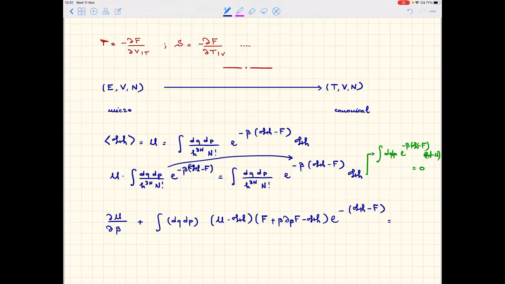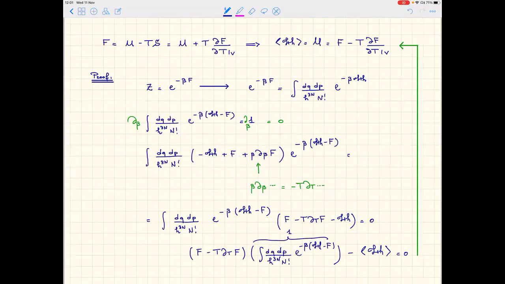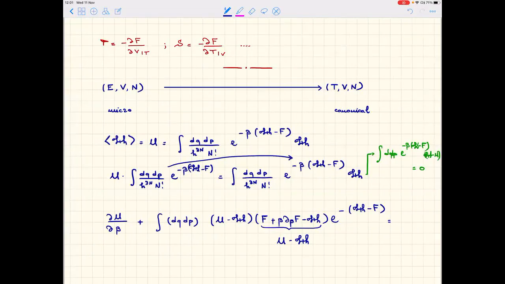And if you go through what I wrote down before, this is again u minus h. Why? Because u is equal to f minus T dF/dT, but minus T dF/dT is plus beta dF/d beta, and therefore this is again u minus h.